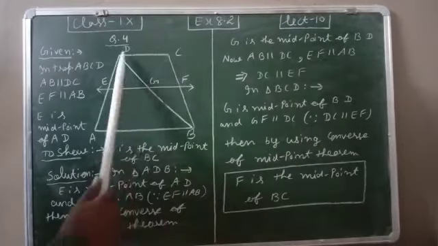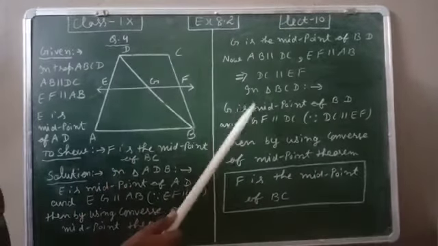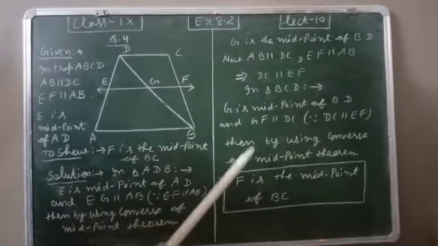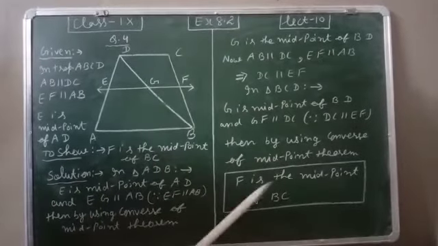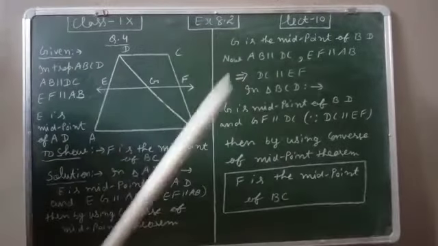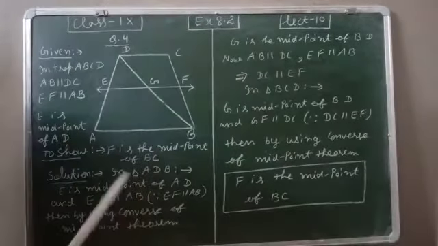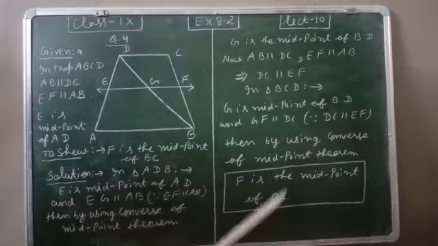Again one midpoint, one pair of parallel lines. Then by the converse of the midpoint theorem, F is the midpoint of BC. So in this question, first we use the converse of the midpoint theorem in triangle ADB and then in triangle BCD, and we prove that F is the midpoint of BC.